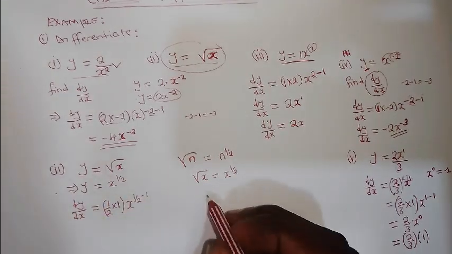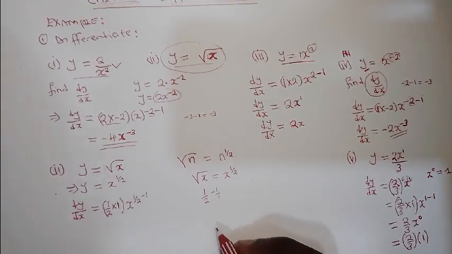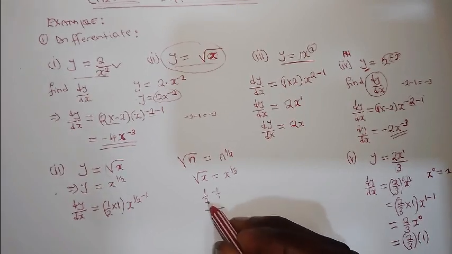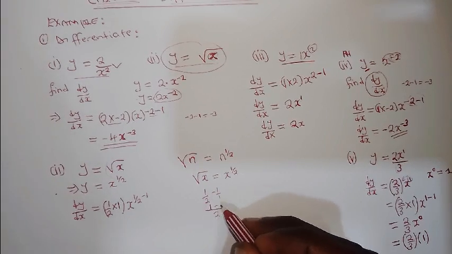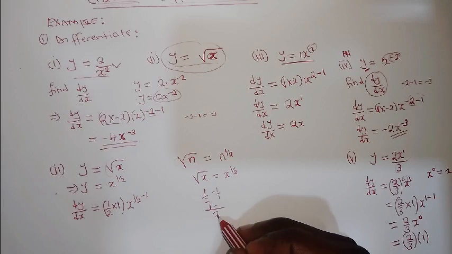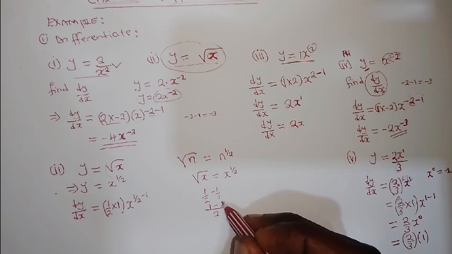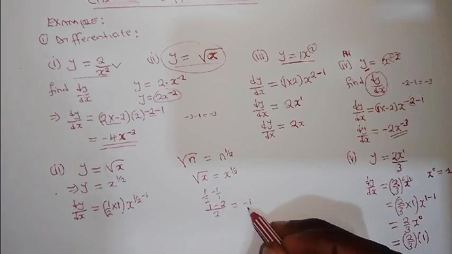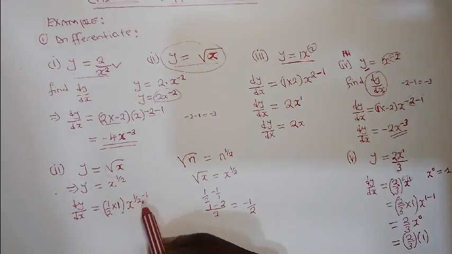Now for half minus 1, you just do the fractions: the lowest common denominator is 2, so 2 into 2 is 1, times 1 is 1, minus 2 into 2, it's 2 times 1 is 2. So this will be negative 1 by 2.